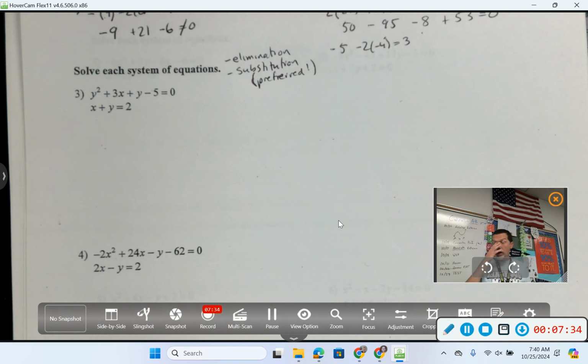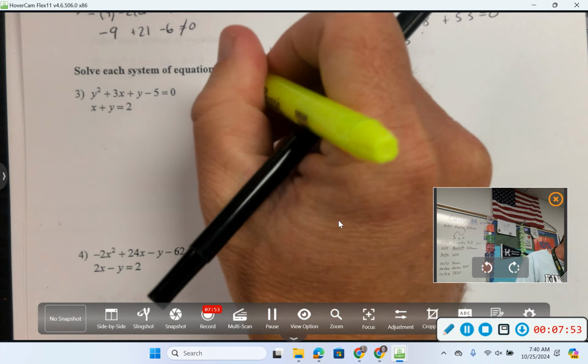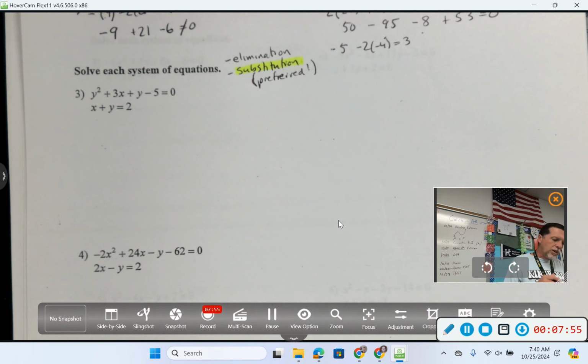Unless you could tell right away that one of them is already set up, like with elimination, where sometimes they'd give you 2 equations that you just combine and something goes away. If that happens, you can still do it. It just doesn't happen as often here. So I'm going to work most of these as substitution problems, unless one jumps out as being super easy to use elimination.